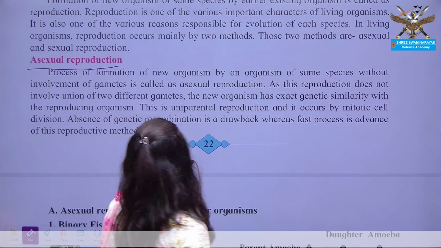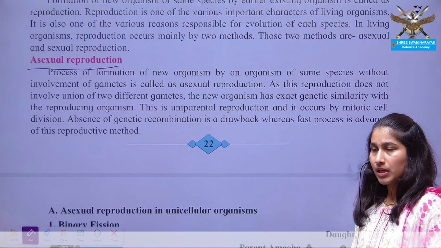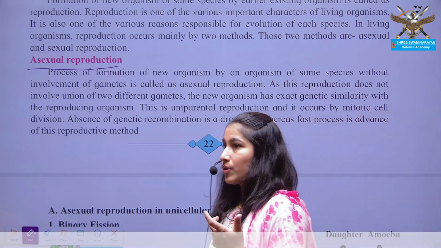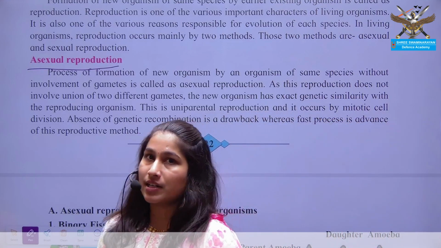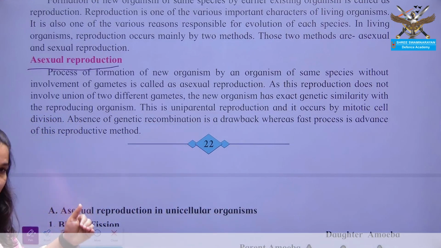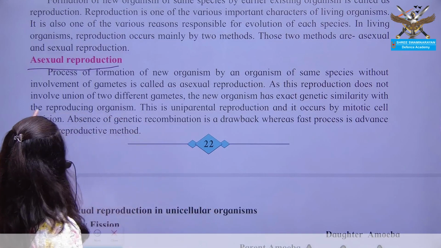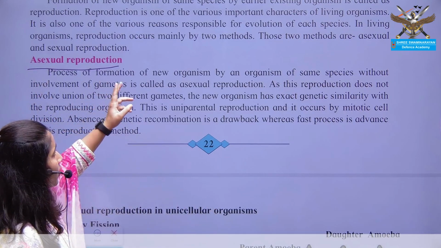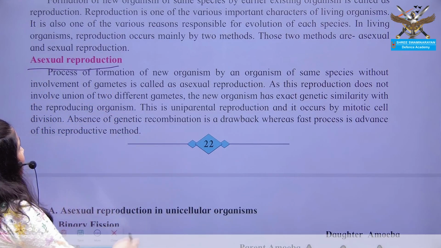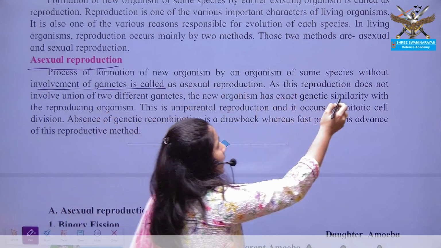Asexual reproduction is mostly seen in lower organisms, and also in some environmental conditions like unfavorable conditions, deficiency of nutrients in the environment. But in asexual reproduction, the new organism of the species is formed without the involvement of gametes.